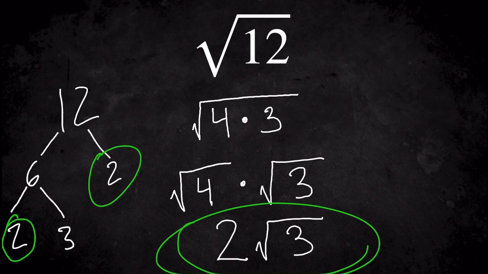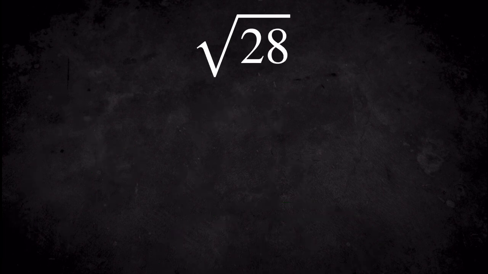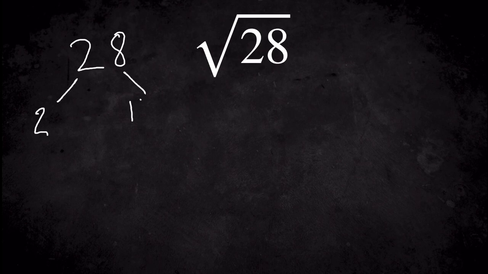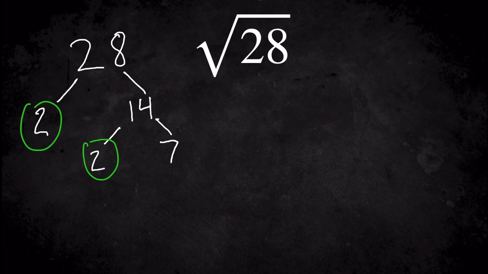Now let's do another example. Here we have 28. What are some factors of 28? Well, let's solve it. Here you have 2 and 14, then you have 2 and 7. Here we have our square number, which is 4.